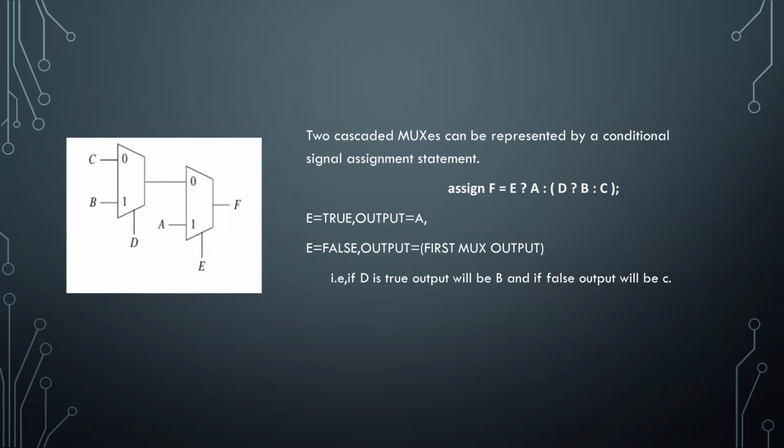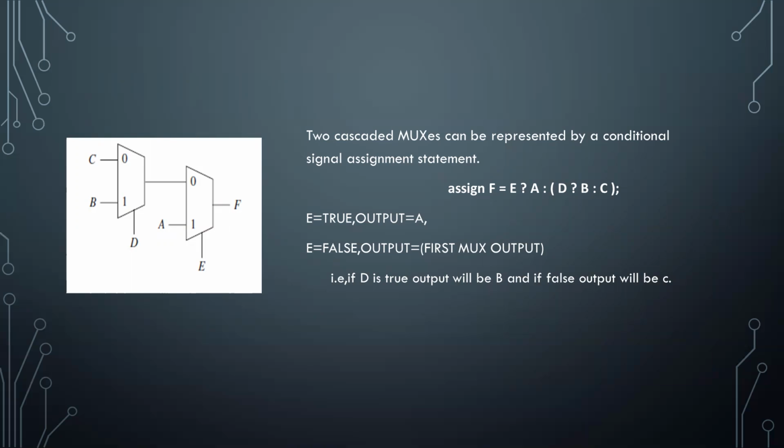Now we are using 2x1 muxes with the conditional statement to model this. Here we have our first mux, with D as its select pin, and B and C are its inputs. In the second mux, E is the select pin, and F is the output.